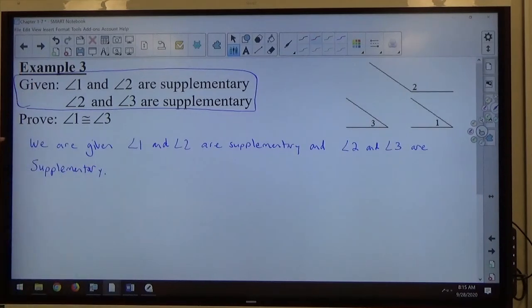I usually write it like that, we are given, and then state what's given. You could also say whatever given information is given. I just think it's nicer to start a sentence with a word rather than a mathematical symbol. So if you start with we are given, you're starting with words.